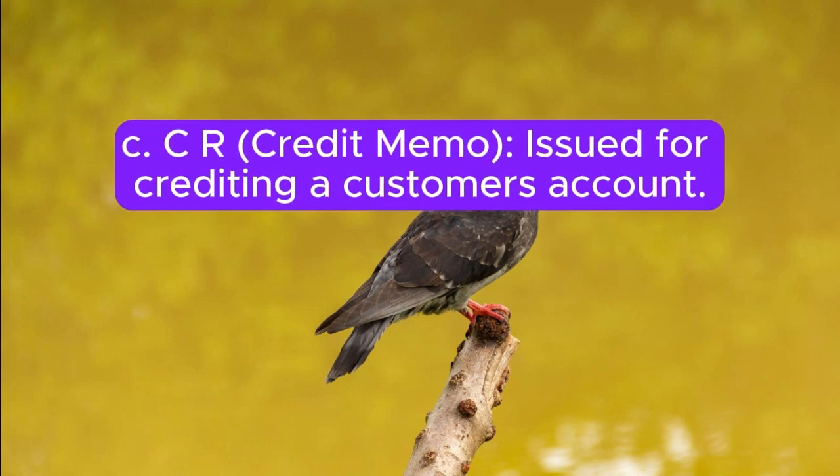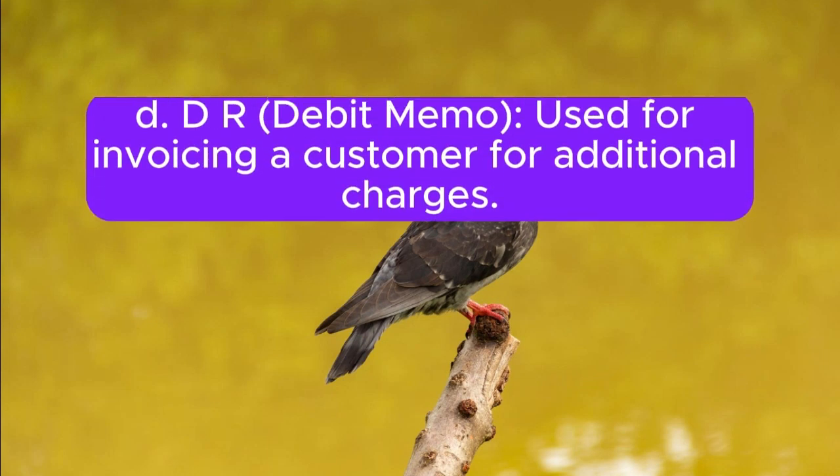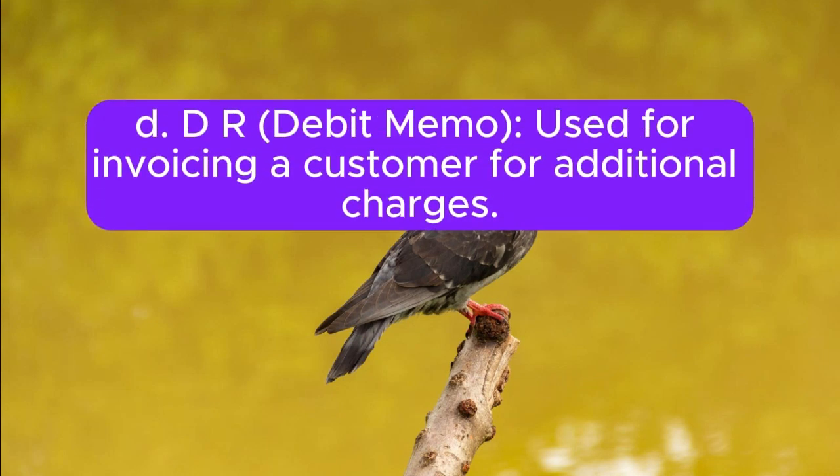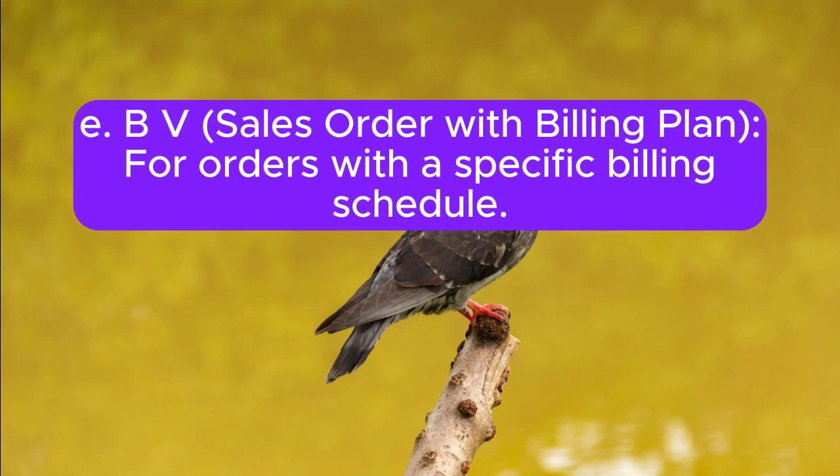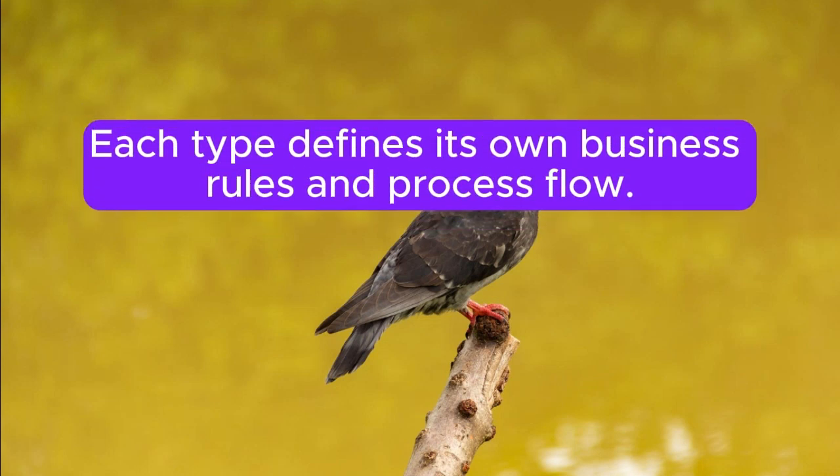C. CR, credit memo, issued for crediting a customer's account. D. DR, debit memo, used for invoicing a customer for additional charges. E. BV, sales order with billing plan, for orders with a specific billing schedule. Each type defines its own business rules and process flow.